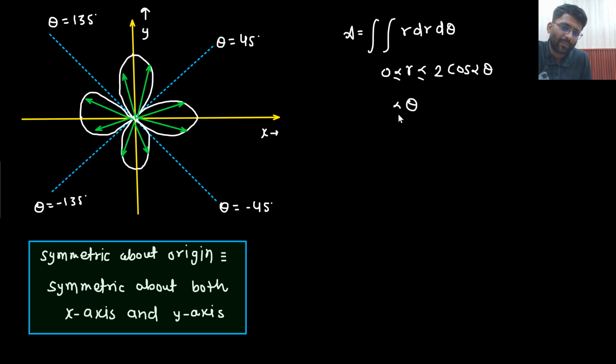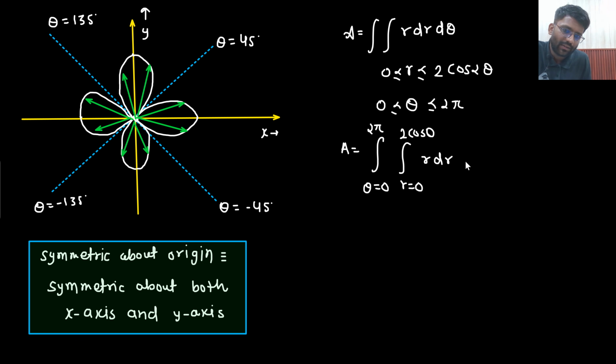Theta is going over the complete circle, from 0 to 2 pi. So this will be the area: theta going from 0 to 2 pi, r going from 0 to 2 cos theta, r dr d theta.